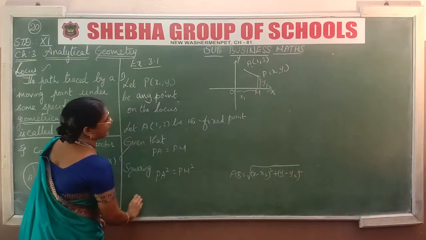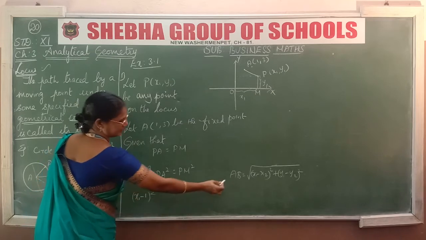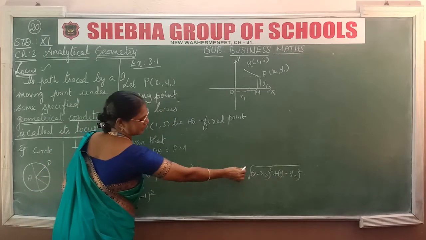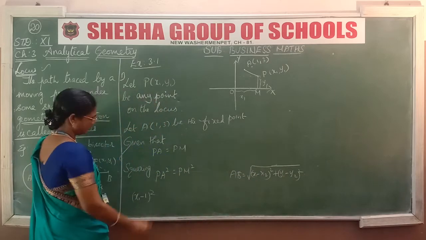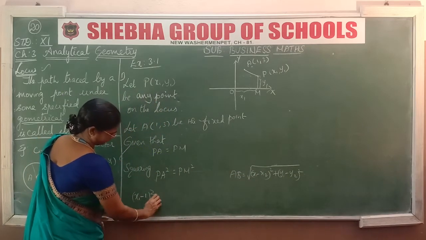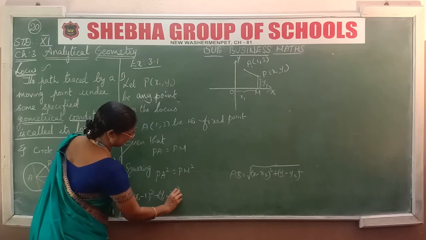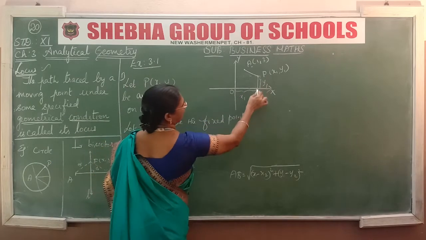So our PA is x1 minus 1 the whole square. Since PA is squared, the square root cancels and we write it directly: x1 minus 1 the whole square plus y1 minus 3 whole square equal to PM, whose distance is y1.